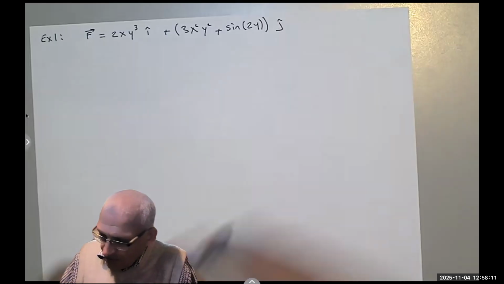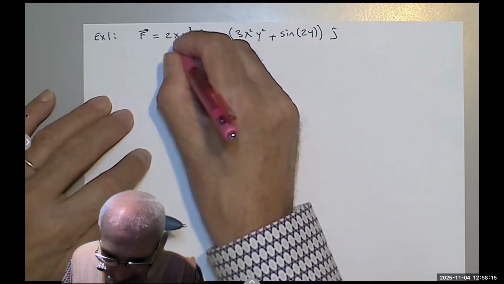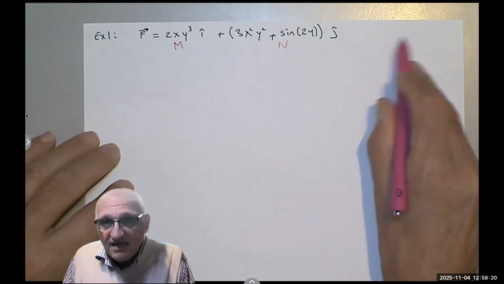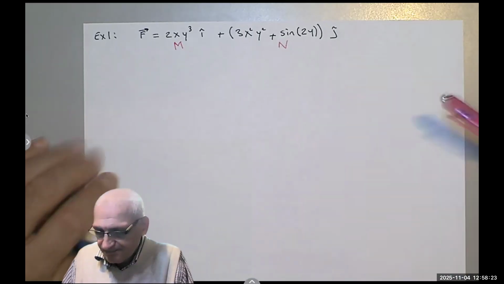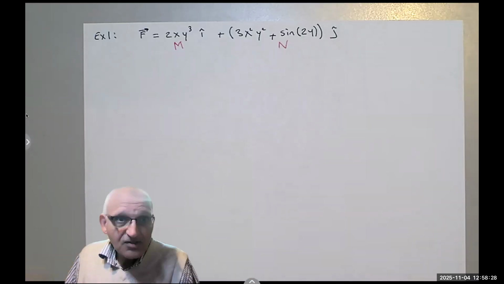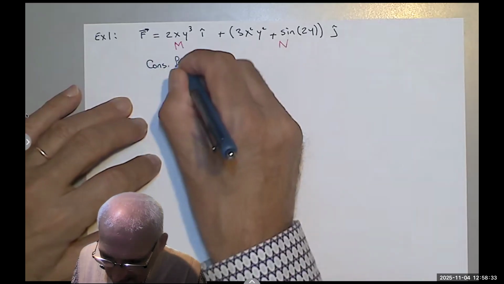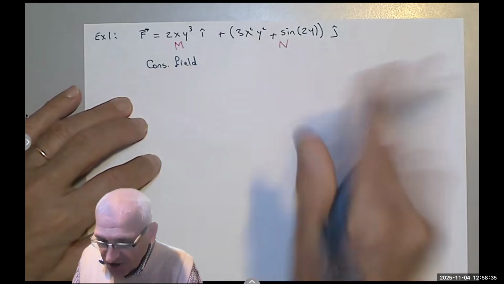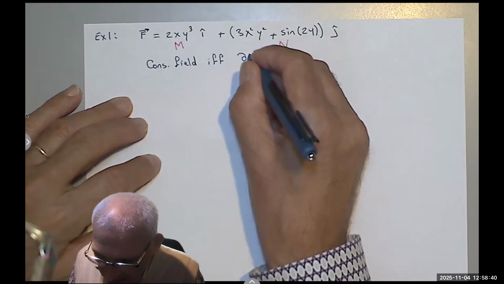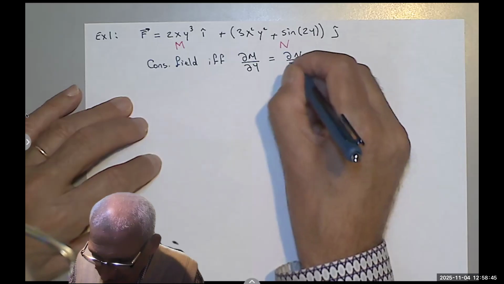So we are going to call the first term, the i component, M, and the j component N. And if there is a k component, I'm going to call it P. And the check to see if this field is conservative, meaning irrotational, is: if and only if partial M partial y equals partial N partial x.